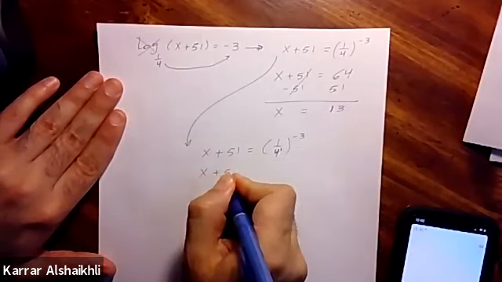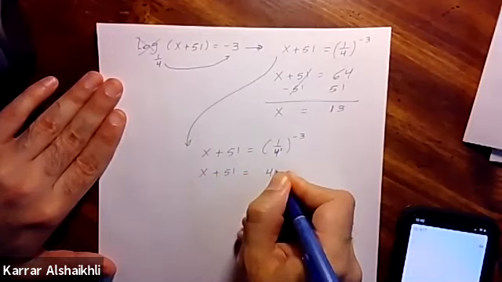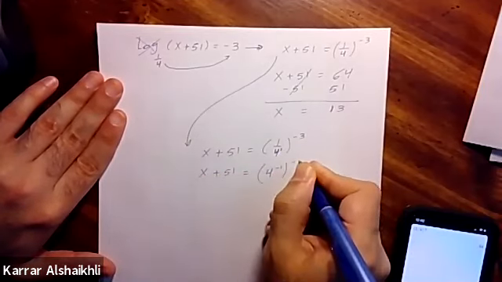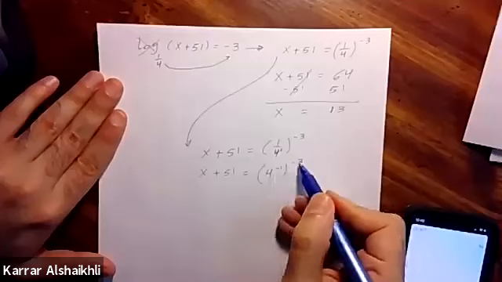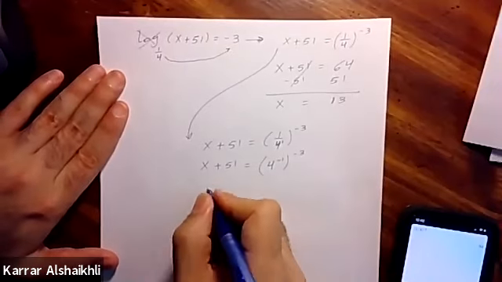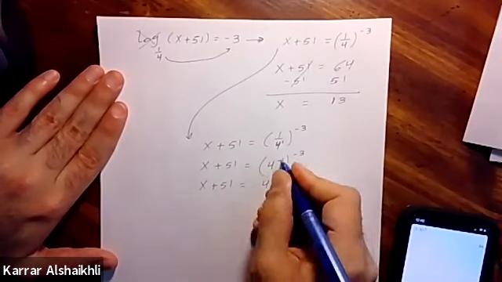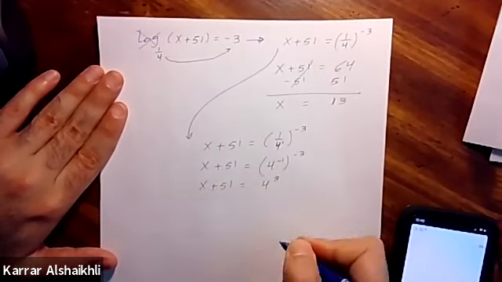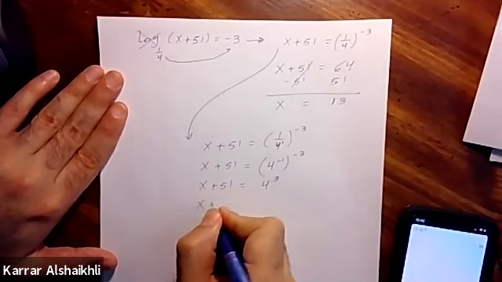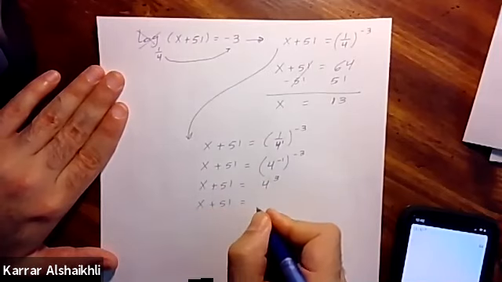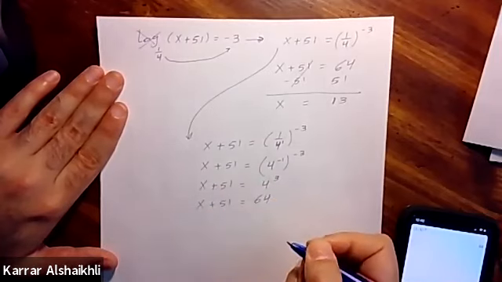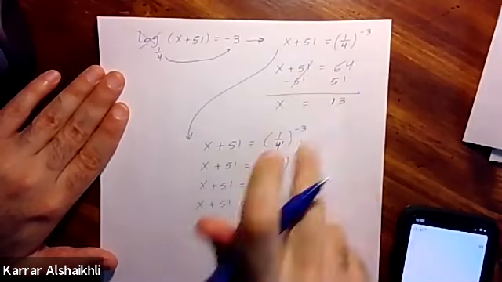So x plus 51 is going to be 4 to the -1, and here's -3. I can multiply these two exponents. So x plus 51 is going to be 4, -1 times -3 is going to be 3. So x plus 51 is going to be 4 cubed, which is 64. So we got exactly the same thing here.